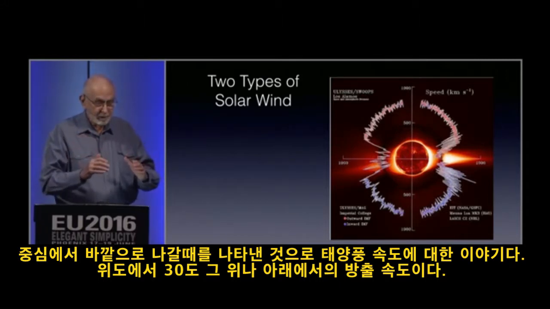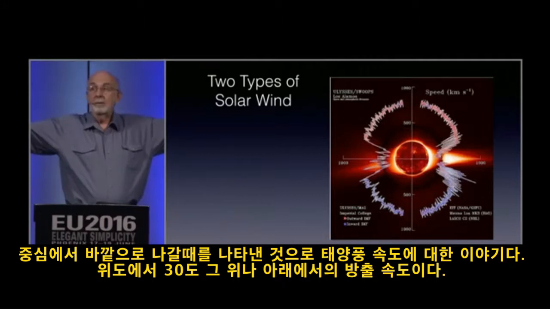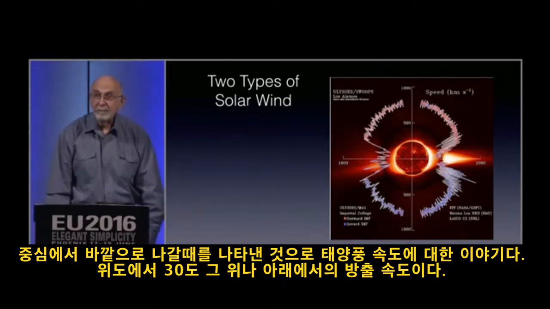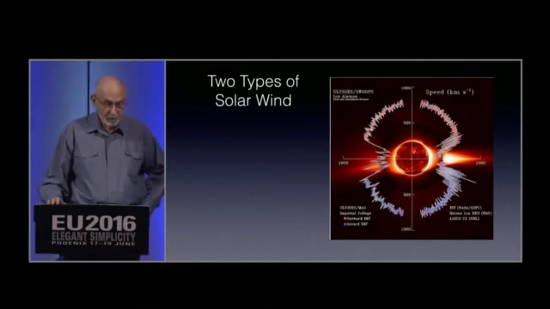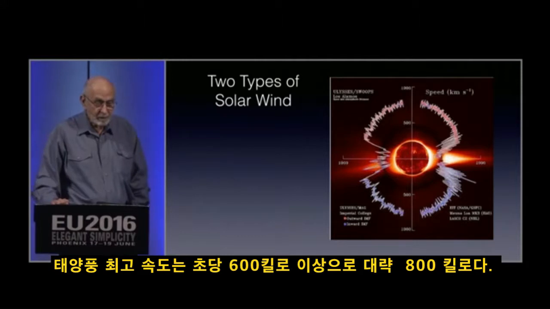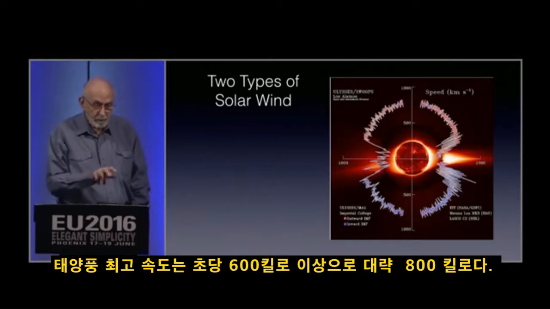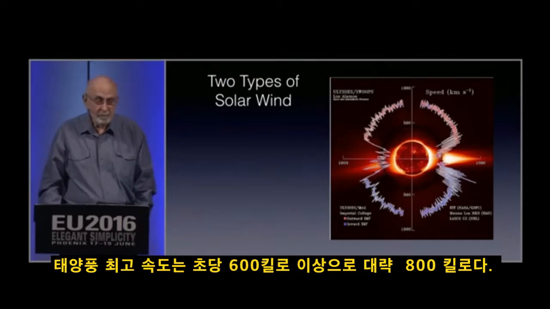So you can see that at latitudes higher than 30 or so degrees, and actually lower than negative 30 degrees, the maximum velocity of the solar wind is somewhere around 800 kilometers per second. Maybe here it's more like 600. They say it's about 800.